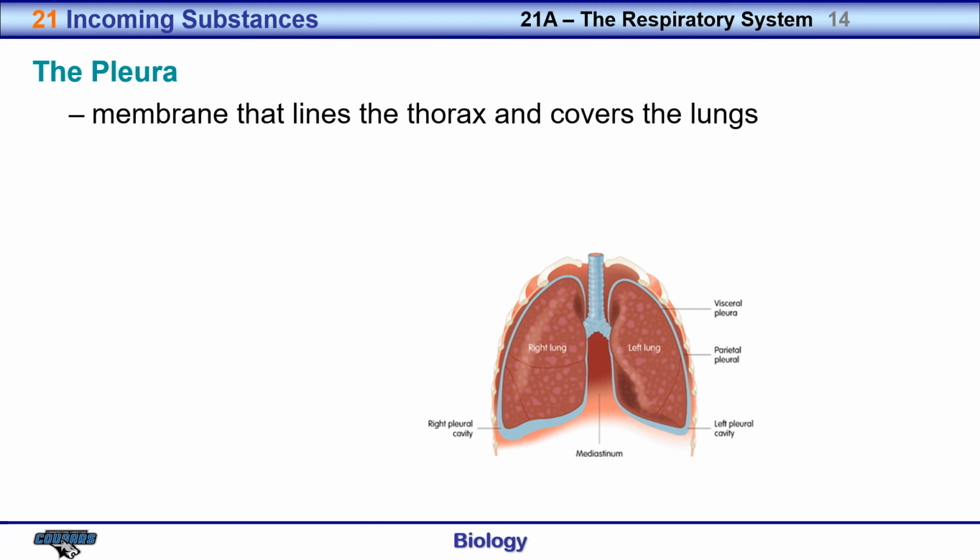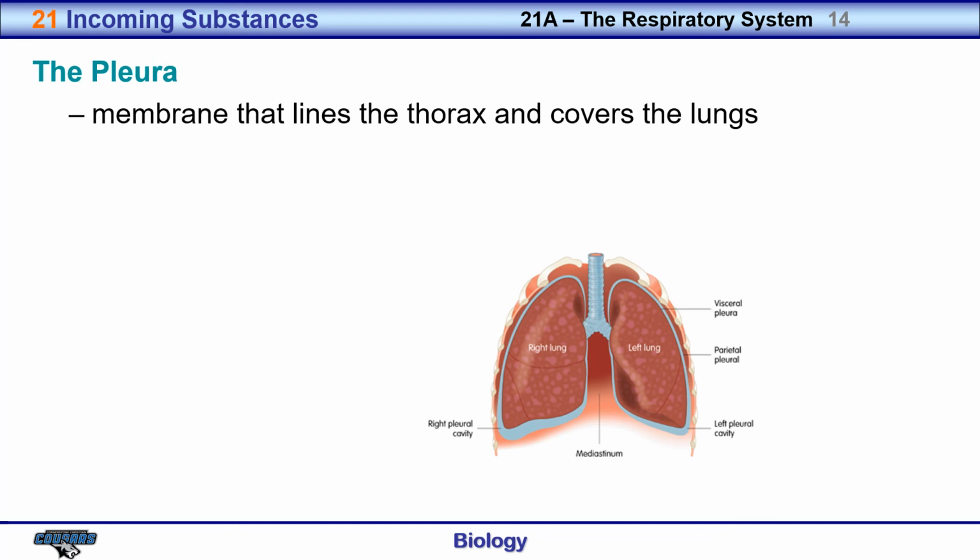Now, one more thing about the lungs is that the outside of the lungs has a very delicate membrane called the pleura, and it lines the inside of your chest cavity, your thoracic cavity, and there's also one that lines the outside of your lungs.